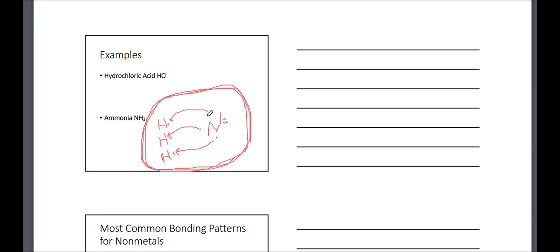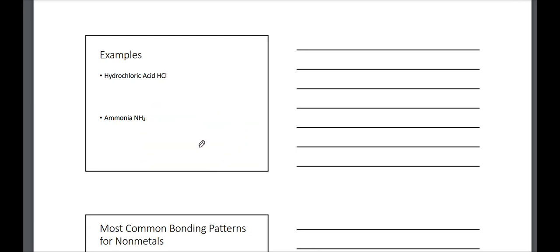What I need to do now, I just replace these arrows with single lines. So now I have the hydrogen, I have the nitrogen as my central atom. I have hydrogen right here. I have hydrogen. And I have hydrogen right here. These are my 2 electrons right here for the nitrogen. That is my electron on the hydrogen, my electron on the hydrogen.